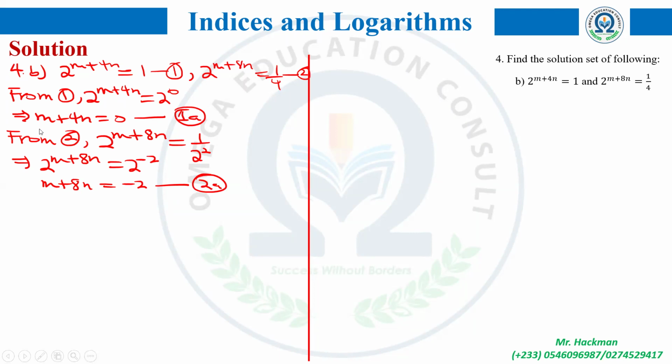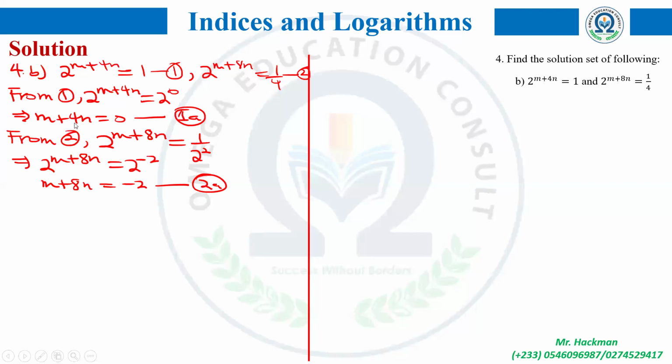We want to see whether elimination works, because if it does, that's the best method. For elimination to easily work, the coefficient of whatever you want to eliminate should either be plus or minus the same value. So here, this is plus 1, the same. So I can easily eliminate m.